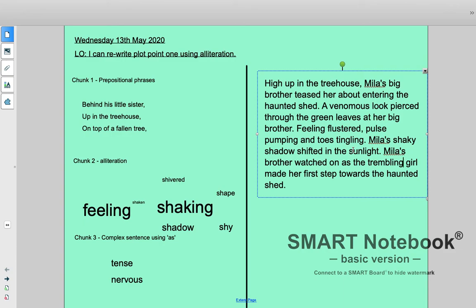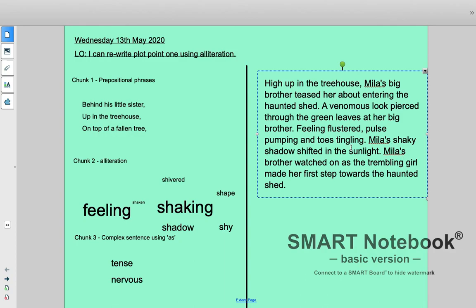So, high up in the treehouse, Mila's big brother teased her about entering the haunted shed. A venomous look pierced through the green leaves at her big brother. Feeling flustered, pulse pumping and toes tingling, Mila's shaky shadow shifted in the sunlight. Mila's brother watched on as the trembling girl made her first step towards the haunted shed. Okay, so that's our first paragraph and that's our plot point number 1.